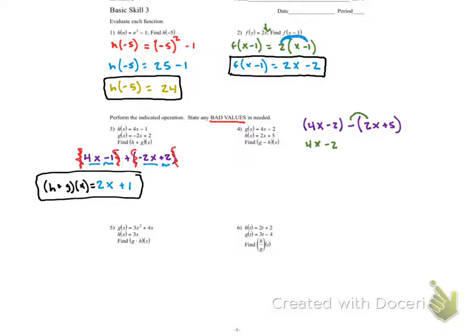So negative times negative 2x gives us negative 2x. Negative times positive 5 gives us negative 5. Next, we combine our like terms. 4x minus 2x gives us 2x. Negative 2 minus 5 gives us negative 7. And again, we had g minus h of x.